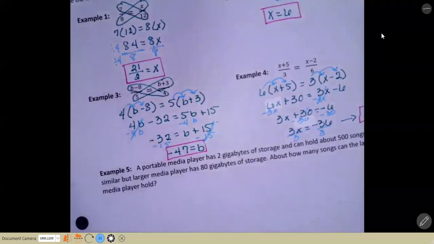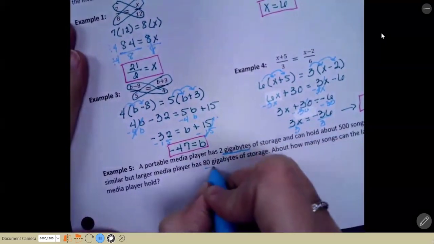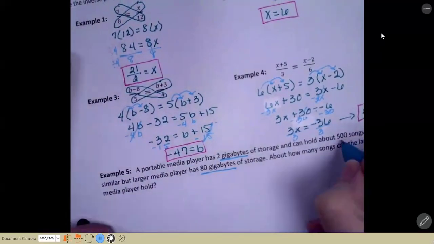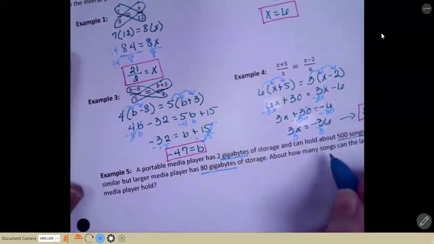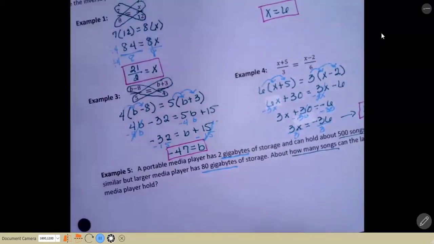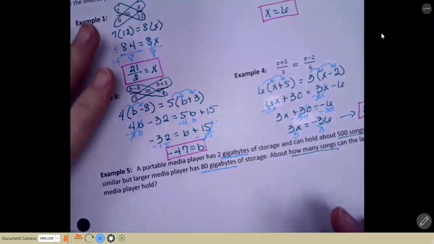Okay, so we have 2 gigabytes and 80 gigabytes. And then we have 500 songs and how many songs? Okay, so when we set this up, we're going to set up gigabytes to gigabytes, set equal to songs over songs.